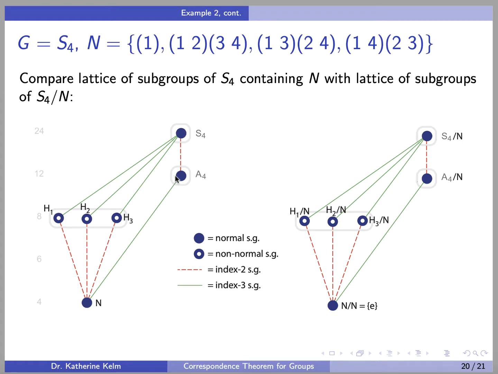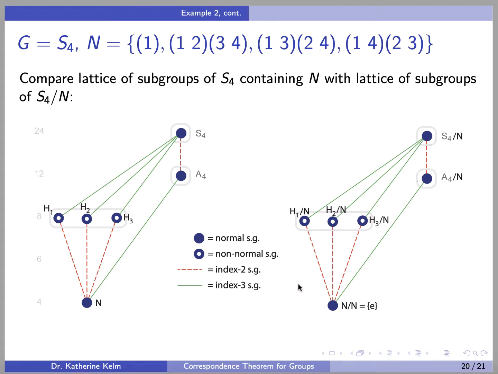N and A4 are normal in S4. Correspondingly, over here, we have H1 mod N, H2 mod N, and H3 mod N as subgroups of S4 mod N. Those are non-normal subgroups. And we have A4 mod N and N mod N, which are normal in S4 mod N.